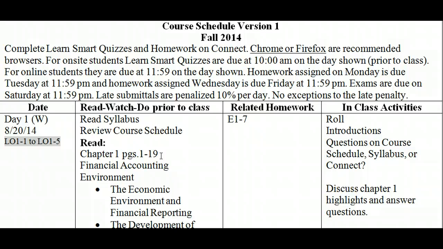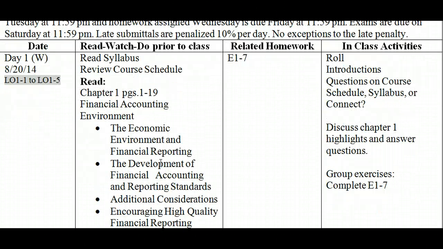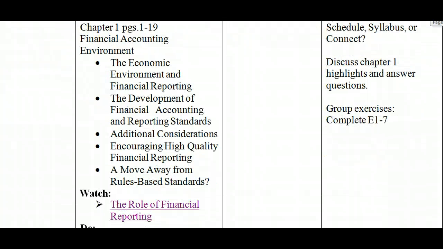It takes about a half hour to do the reading I assigned. What you see under this section are specific topics out of the book. If you go to the financial accounting environment, you'll see economic environment and financial reporting, the development of financial reporting standards. These are major sections in the book. So you would read those major sections before class.